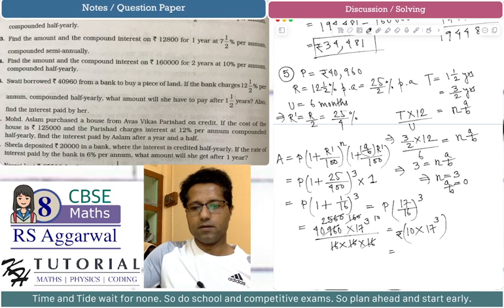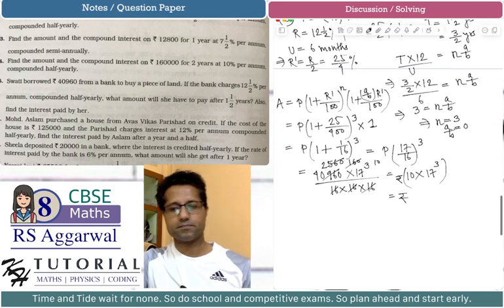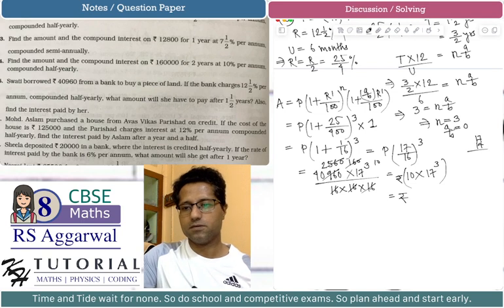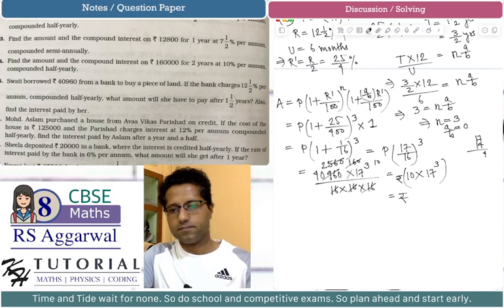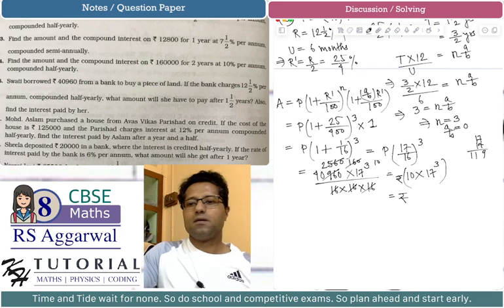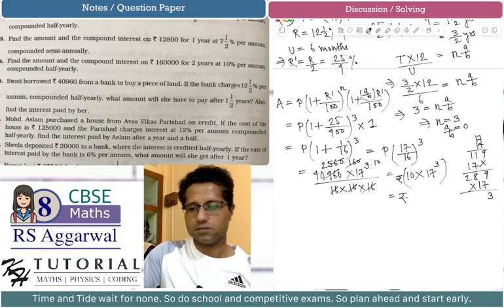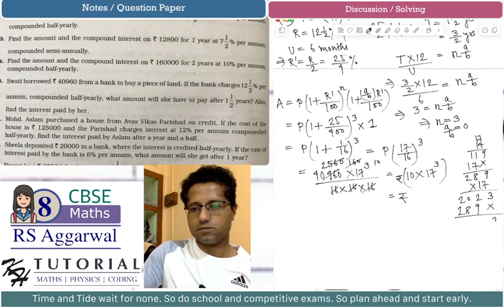So we have to find what is 17 cube. 17 multiplied by 17 is 289, and again multiplied by 17 gives 4913.